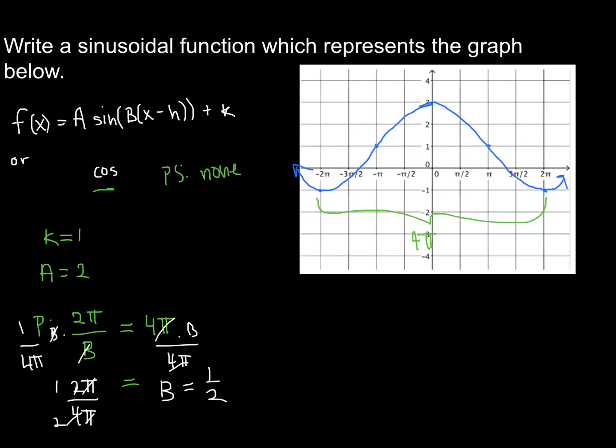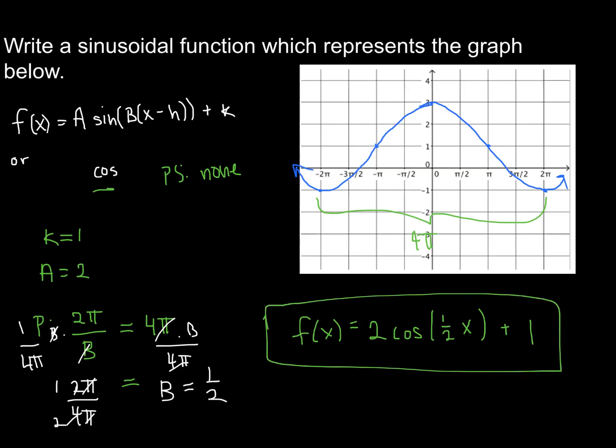So now we can write our function, f of x is equal to, our a value is 2, we're going to use cosine, our b value is 1/2, and we have no h value, no phase shift, so 1/2 x plus, and our k value here, we had a k value of 1. So this is our function.